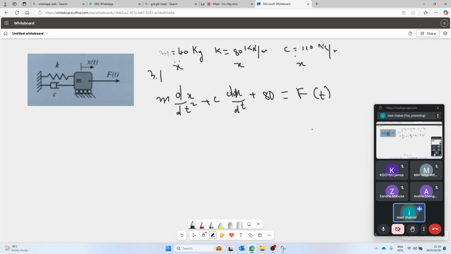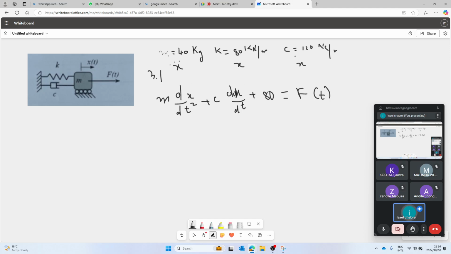Now, how am I able to write this equation like this? Like I said, I'm writing a differential equation. All you have to know is which element is which. You know that C, the damper, goes with velocity. Therefore, because the variable is x here, it will be dx/dt.